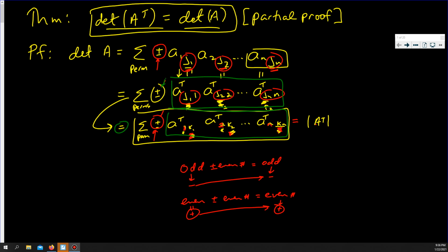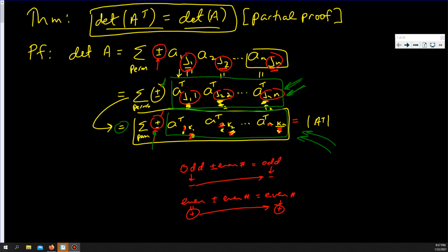Now, the plus or minus sign comes from the number of inversions, which determine whether we keep the plus or the minus sign. Down here, the number of inversions is equal to the number of inversions up there, plus or minus an even number.